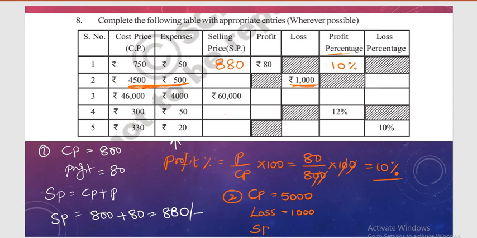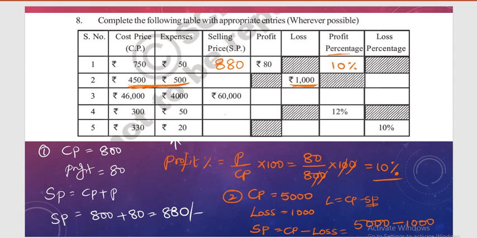Then we know the formula for loss. Loss is nothing but CP minus SP, no? So from this, SP is equal to CP minus loss. CP is 5000, minus loss of 1000.